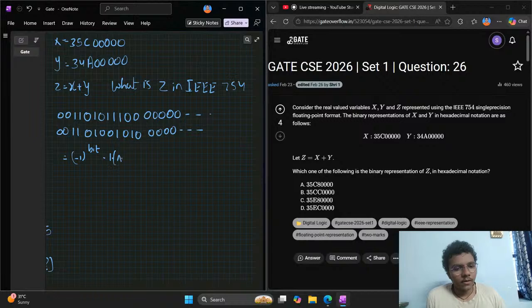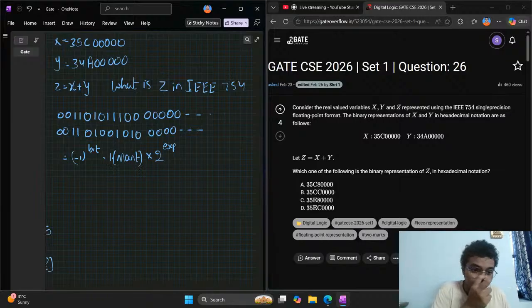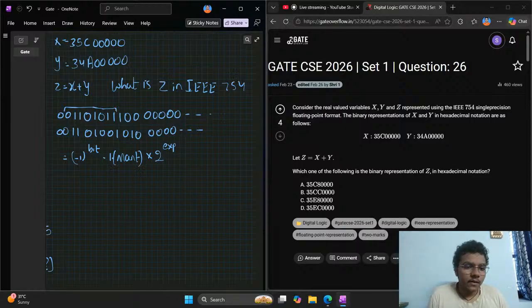1 dot mantissa times 2 to the power of exponent. So if you look at the exponent, 1, 2, 3, 4, 5, 6, 7, and 8. This is the exponent, right? That is 1 plus 2 plus 4, 8 plus 1, 2, 4, 8, 16, 32 plus 64.